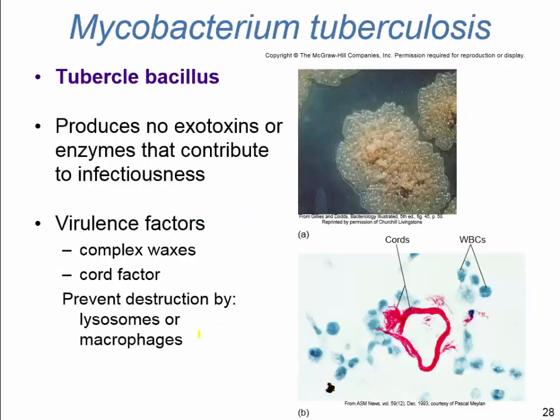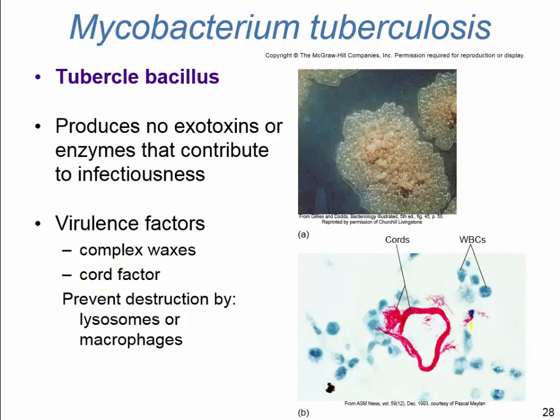But first we'll talk about Mycobacterium tuberculosis. Even though it grows very slowly, the fact that it is transmitted through respiratory droplets allows a pretty rapid dissemination of this bacteria. And so it is a tubercle bacillus. You can see it grown here. This is a description of a tubercle. It has a few virulence factors such as cord factor.